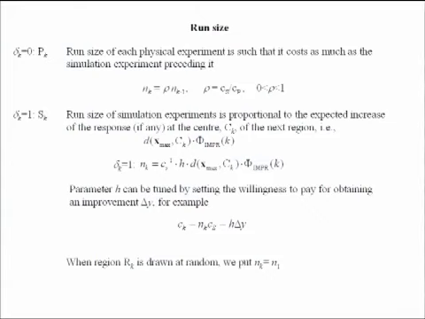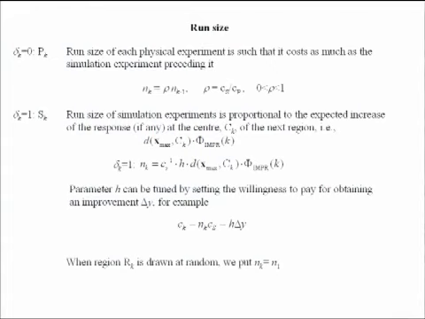For the simulation experiment, I make the run size proportional to the expected improvement in the next region. So if I have more expected improvement, I spend more. I can calibrate this by setting the willingness to pay for obtaining improvement, delta y.